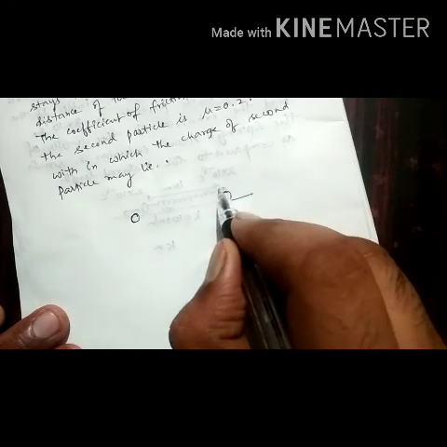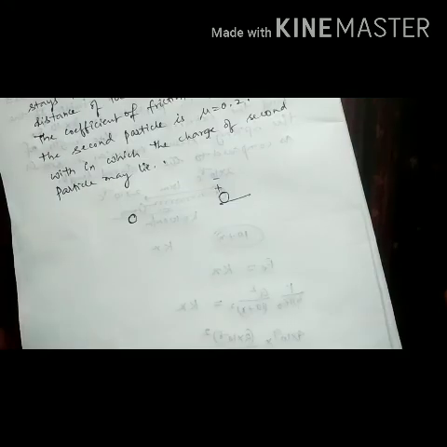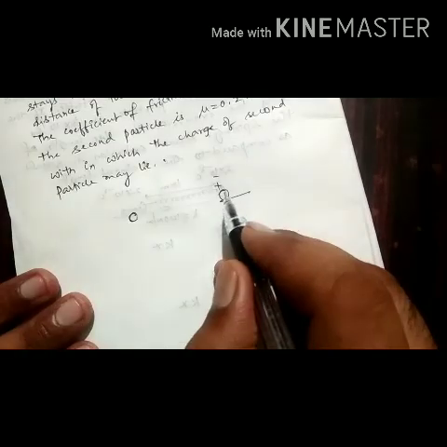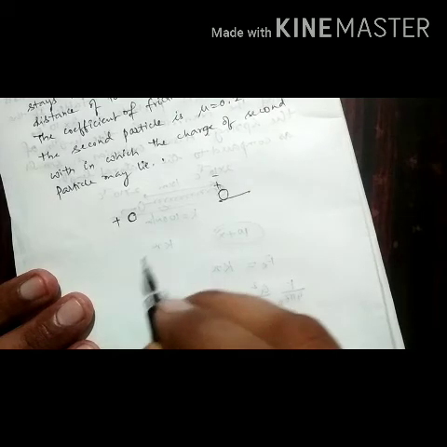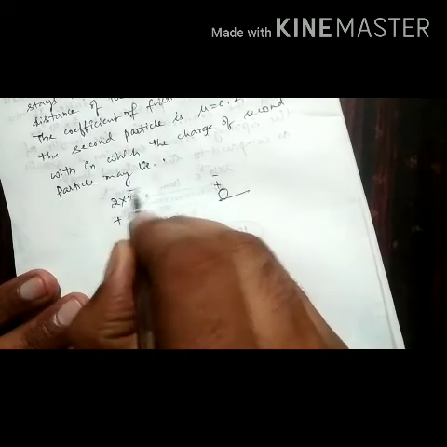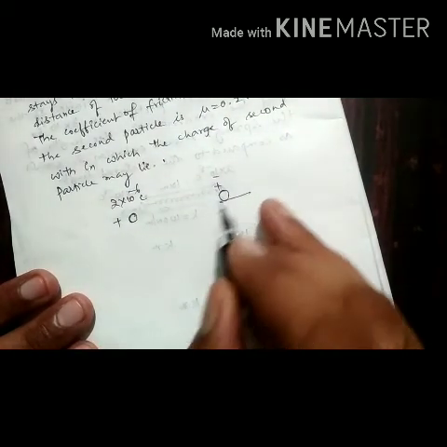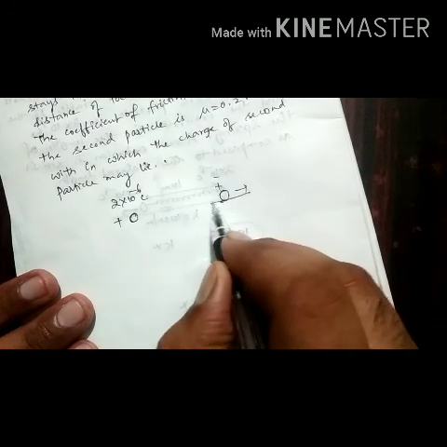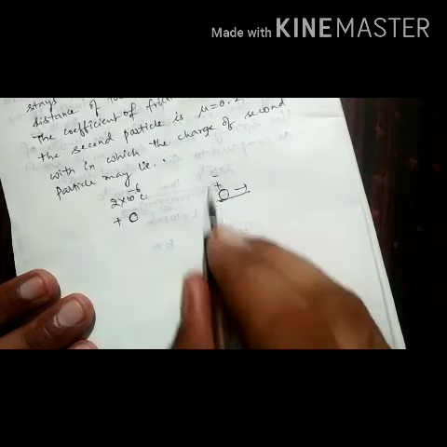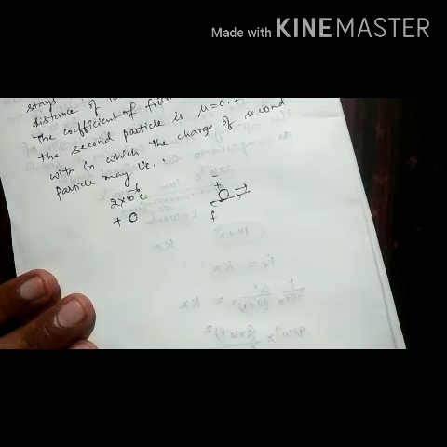For example, if it is positive charge, there are two chances. The answer is given as plus or minus. There are two possibilities. We know the first charge is positive, 2 into 10 to the power of minus 6 coulombs. If the second charge is positive, they will repel and the force of friction will be in the opposite direction. If it is attractive, the force of friction will be in the opposite direction.